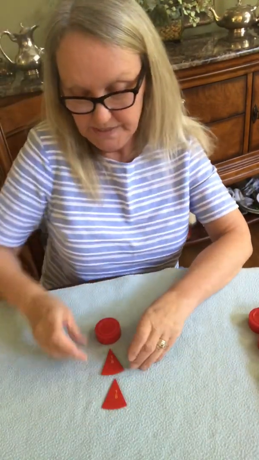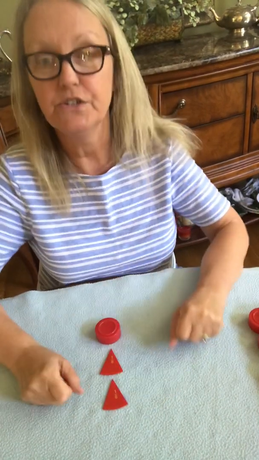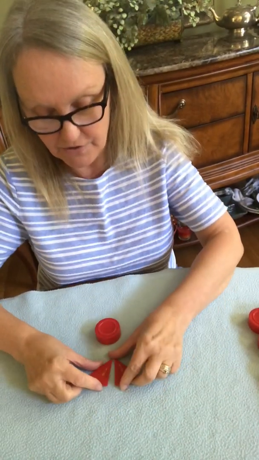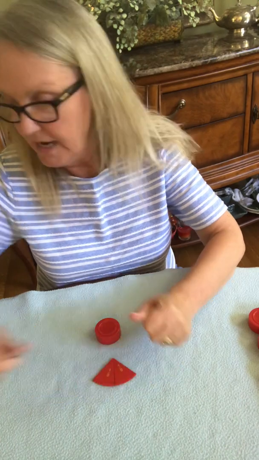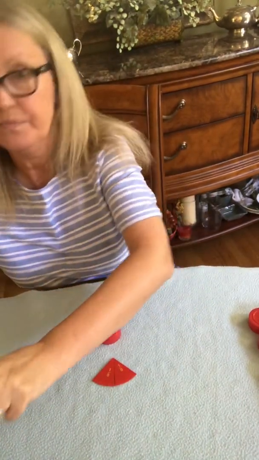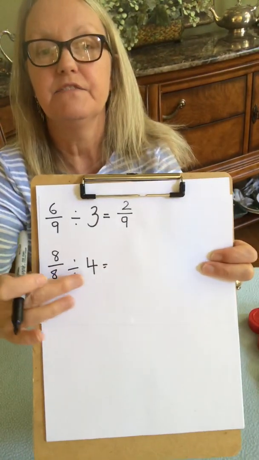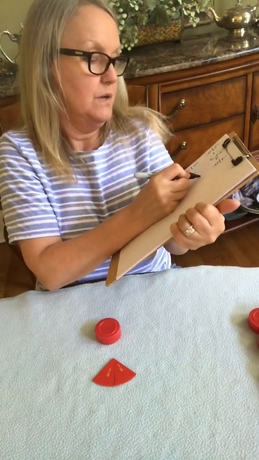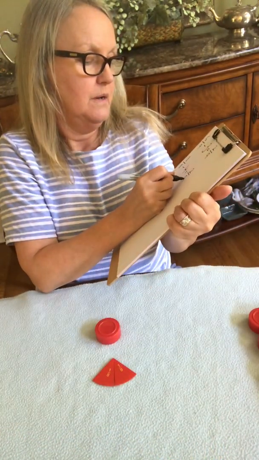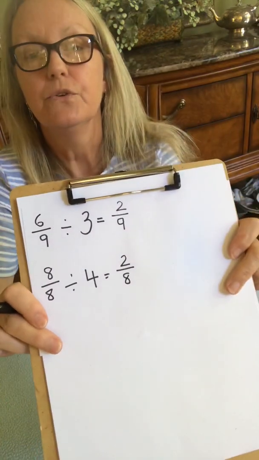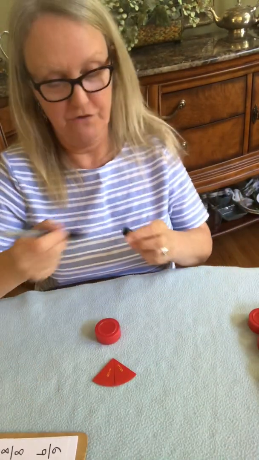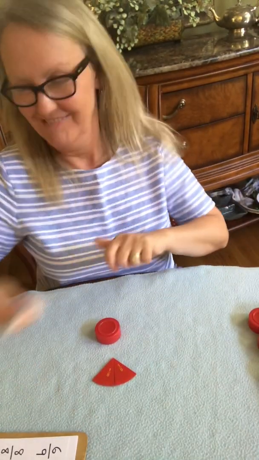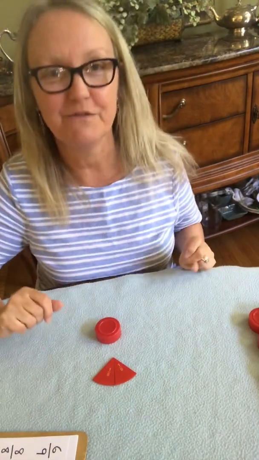So this unit here got 2/8, and I can place them together like this. I'm going to write my quotient. 8/8 divided by 4 equals 2/8. And now I'm looking for equivalence.